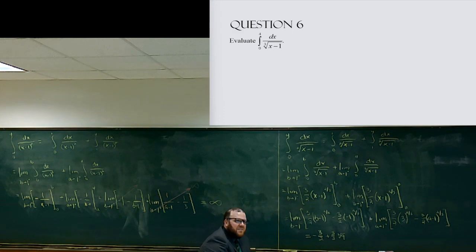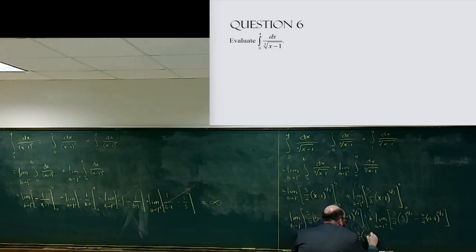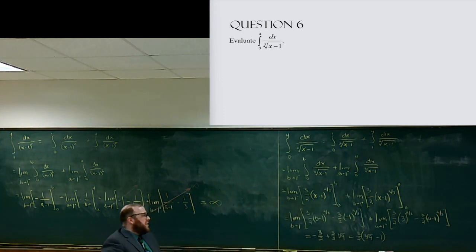Keep it in mind. Three halves times the quantity cube root of 9 minus 1 is our integral. This integral converges.